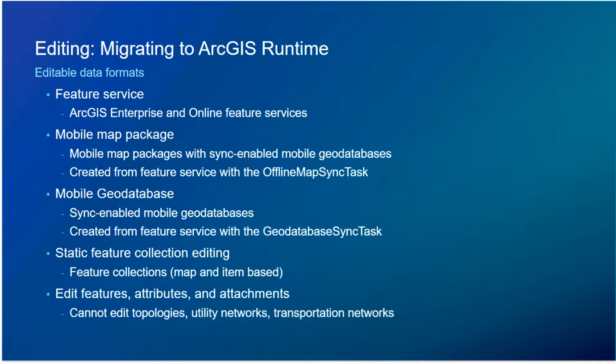Feature collections are represented in the same way as a table object in the API. The key being that when it's time to save any edits that you've made, they're being persisted within the map as JSON, or that you're persisting those within an item in ArcGIS Online.